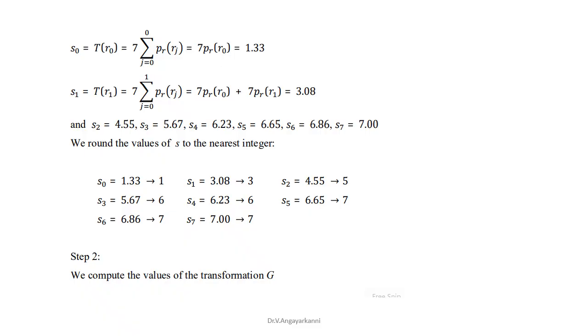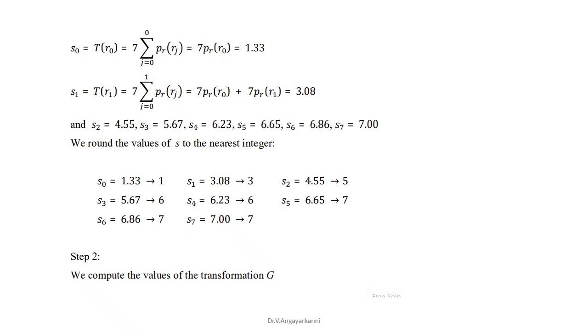Using this formula, if we calculate for all the values from s0 to s7, the values are listed as shown. Then we have to round the values of s to the nearest integer. So 1.33 is rounded to 1.